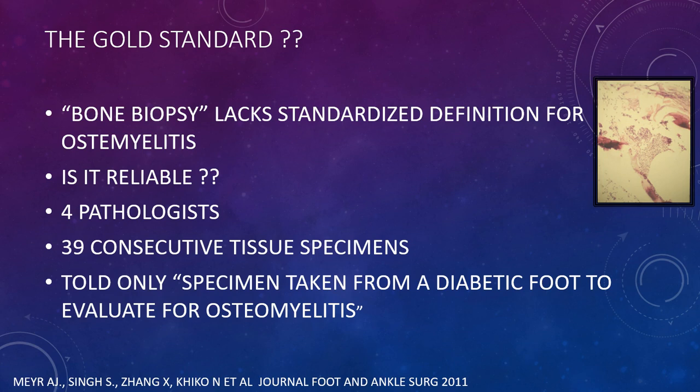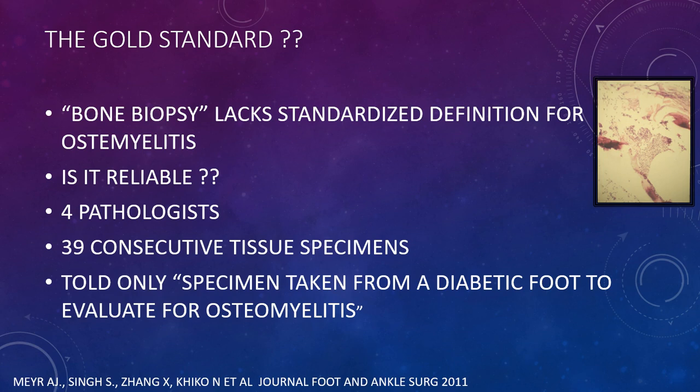This is the oft-quoted Meyer study in 2011, in which we examine the concept of a gold standard for bone histology. The authors noted that the diagnosis of osteomyelitis lacks a standard definition.